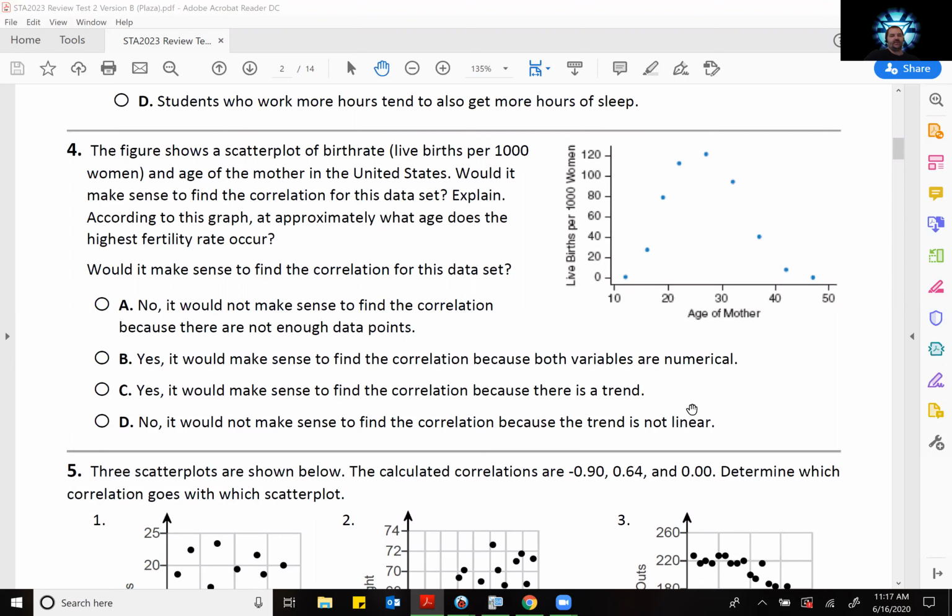If you say that there is not a linear trend here, then there's no point in answering this question. Does that make sense? Right. If it was linear, then yes, let's answer that question.